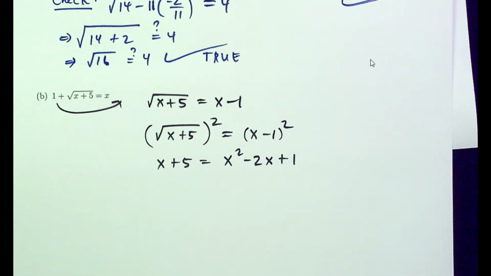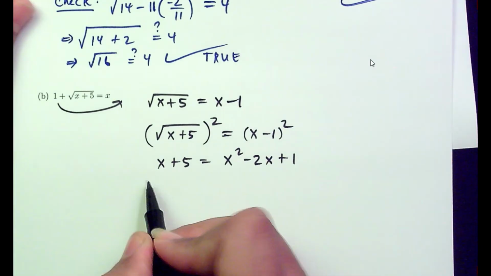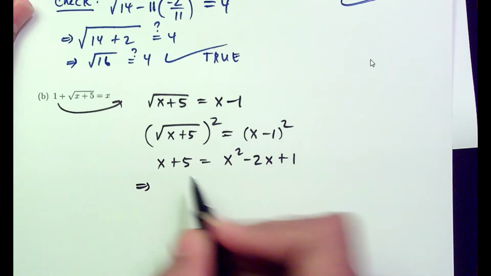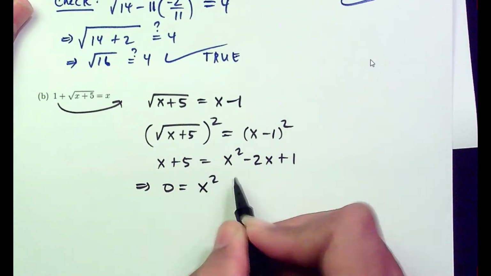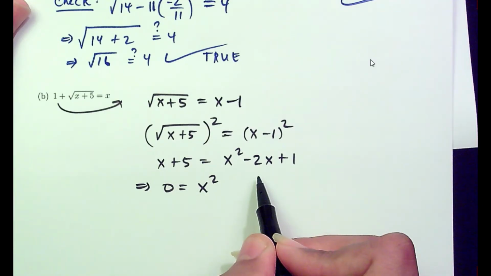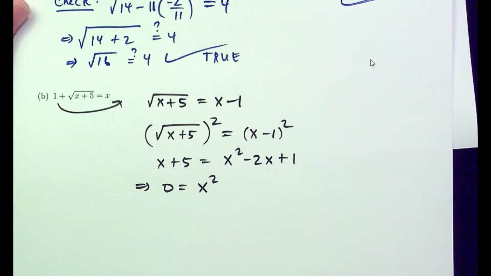Now that you have squared, we have an equation that doesn't have any radicals, and we can just solve by any method we want. This is a quadratic equation in particular. So let's move everything to one side, so we have 0 on the other side. So this is going to be x squared. When you move the x over, it becomes minus x, and combined with the negative 2x, you get negative 3x.